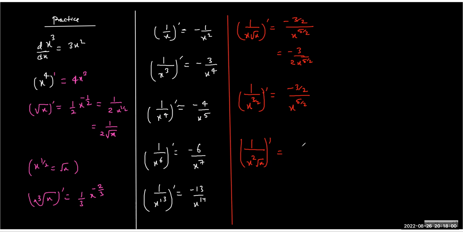So minus 5/2 upon x raised to 7/2. Excellent.